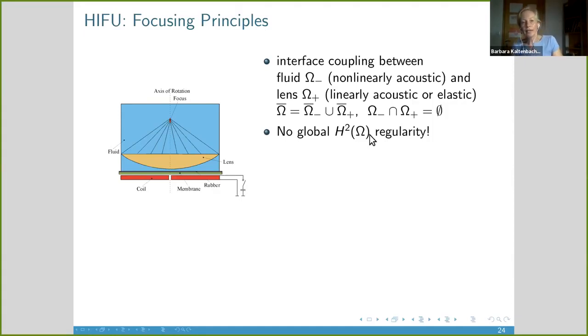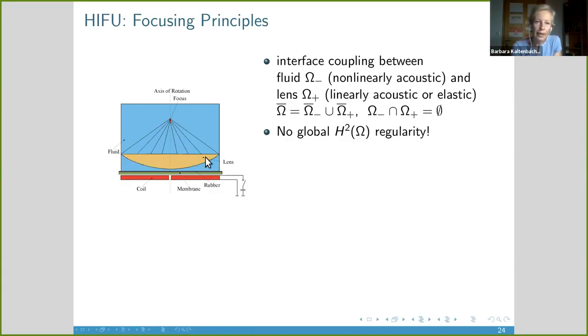In particular, one cannot expect high regularity solutions to exist throughout the domain. That's the problem here with our approach of avoiding degeneracy, because of these jumps over the interfaces and also the fact that the domains are not particularly regular.